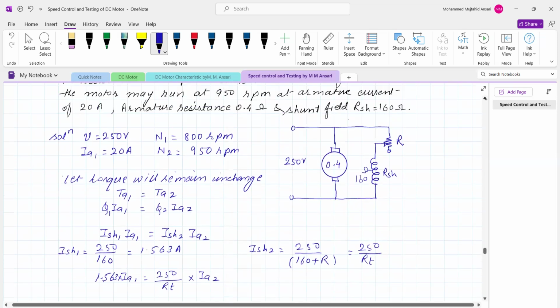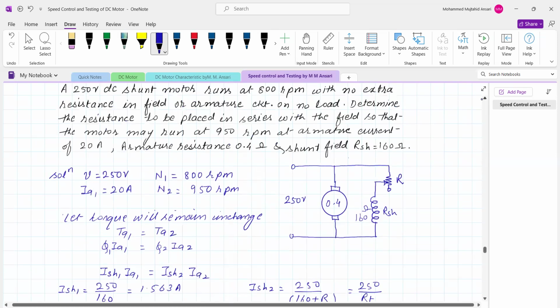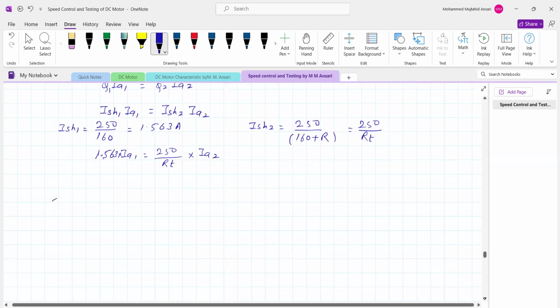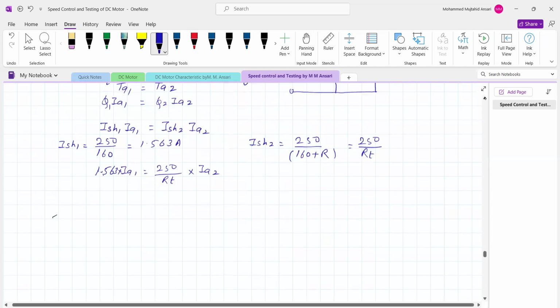In the second case, the armature current is 20 ampere, so IA2 is 20 ampere.